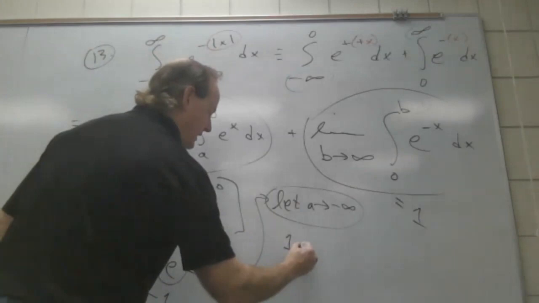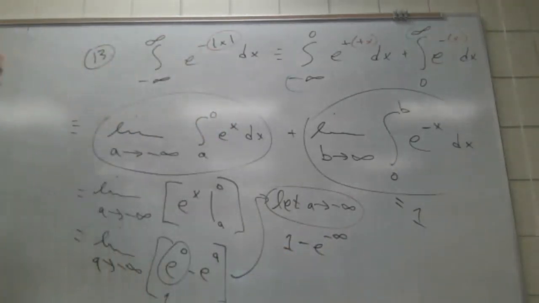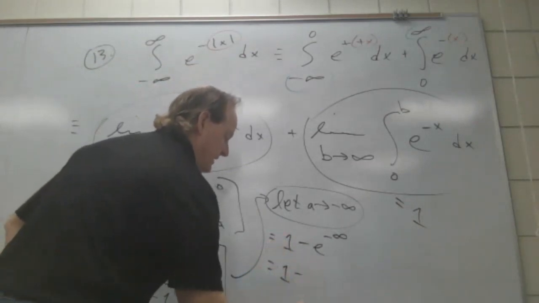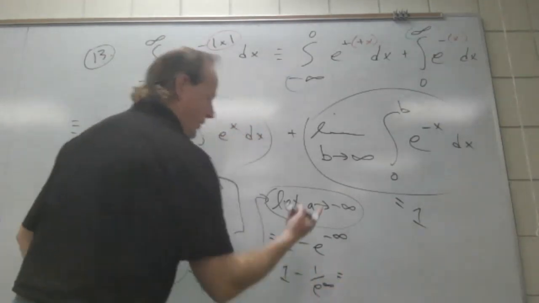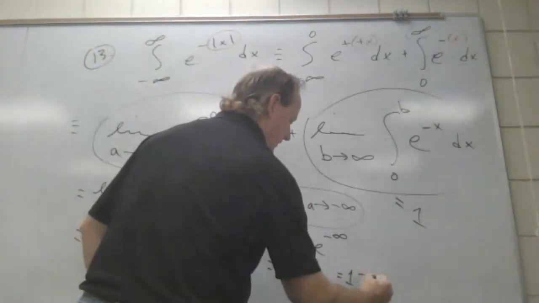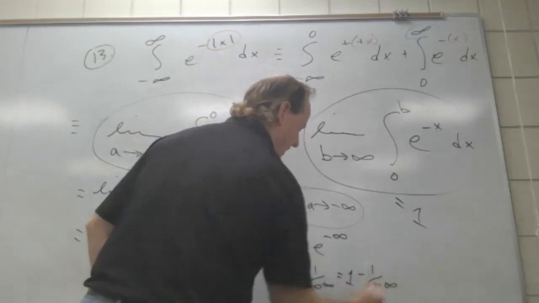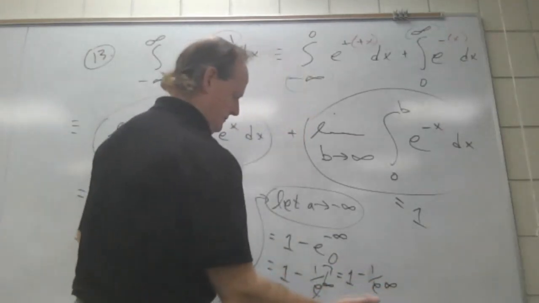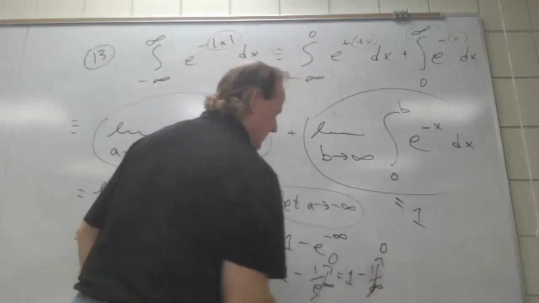I'm going to get 1 minus e to the minus infinity, correct? And what's e to the minus infinity? It's 1 over e to the positive infinity, which is 1 over infinity, right? So it's 1 minus 1 over infinity, which goes to 0.